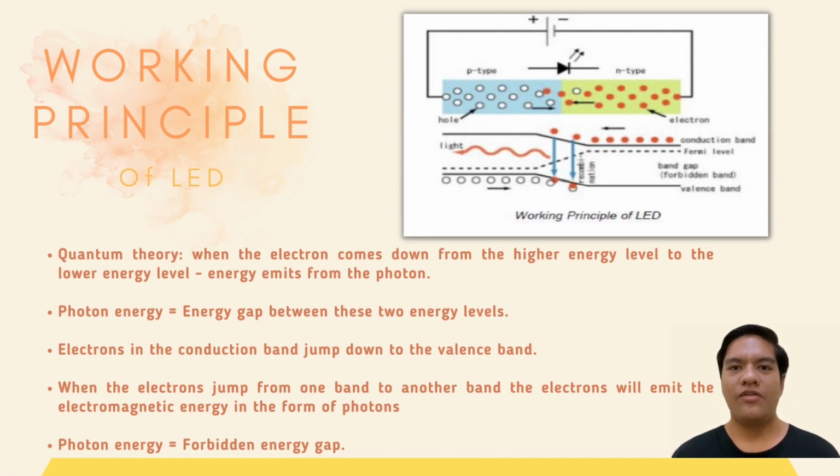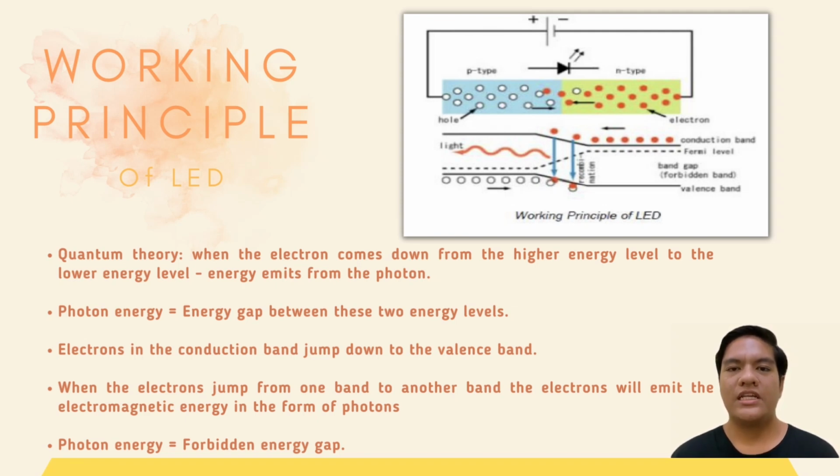The working principle of the light emitting diode is based on the quantum theory. The quantum theory says that when the electron comes down from a higher energy level to a lower energy level, then the energy emitted as a photon is equal to the energy gap between these two energy levels. If the PN junction diode is in forward bias, then the current flows through the diode.